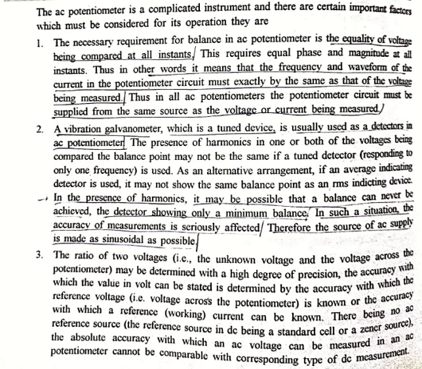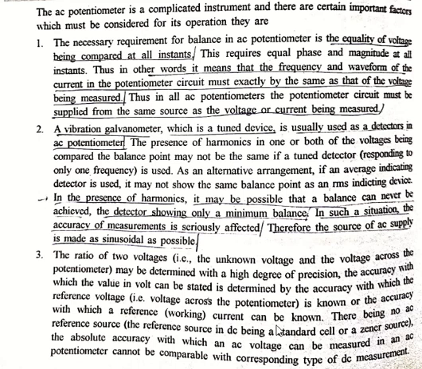But in AC, we do not have a perfect AC reference source, because AC is a variable quantity which has some kind of disturbances in it. To obtain a proper sinusoidal equation we use many devices. So the absolute accuracy with which an AC voltage can be measured in an AC potentiometer cannot be comparable to the corresponding DC measurement. So we have some kind of error in AC potentiometers.